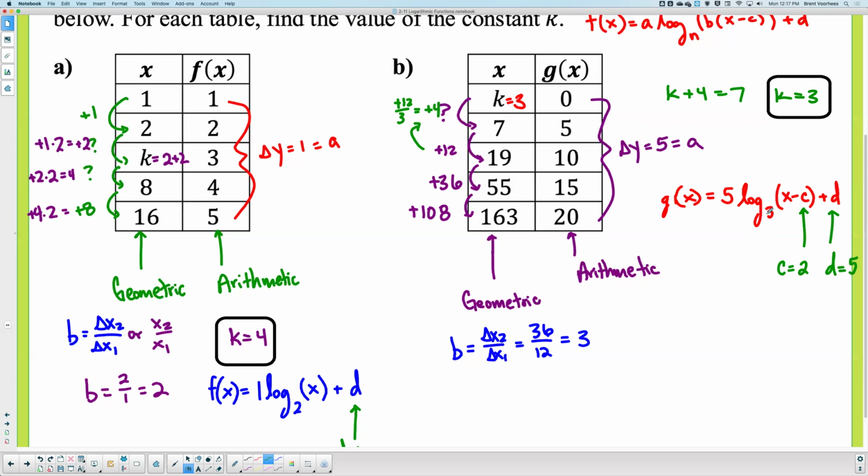I could tell, knowing that my base is 3, these should all be multiples of 3. You see how that's a 3? Does 3 to some power give you 7 and then 19? No, it goes 1, 3, 9, 27. Those are the numbers I'm looking for. These needed to be a little bit larger. Actually, I needed to go not larger.